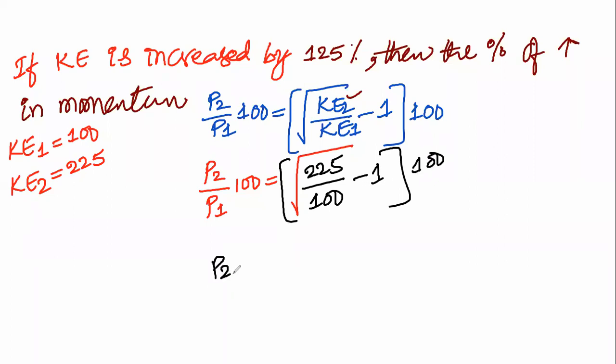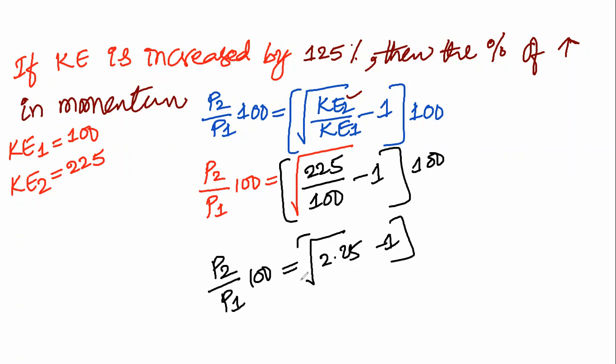That will be equal to 2.25 minus 1, into 100. That we have to simplify. Like this, if the kinetic energy of the body is increased, we can calculate the percentage of increase in momentum.